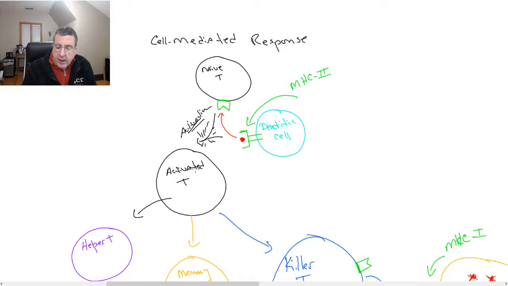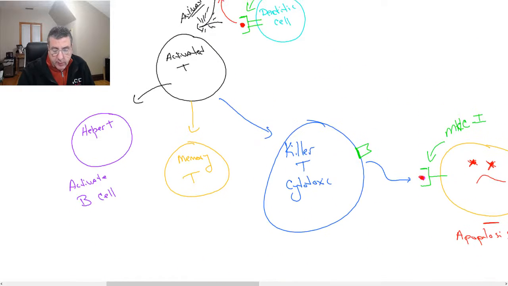So now we have an activated T cell. The activated T cell can end up being a helper T, which then goes to your B cell and activates one of the B cells. It can become a memory cell or a killer T or a cytotoxic T cell, and then the cytotoxic will go around and kill these other antigens presenting on an MHC1.